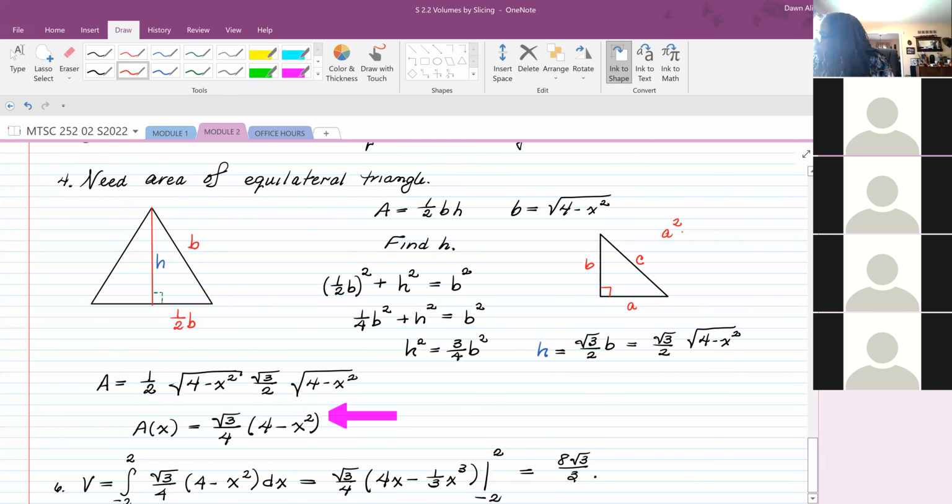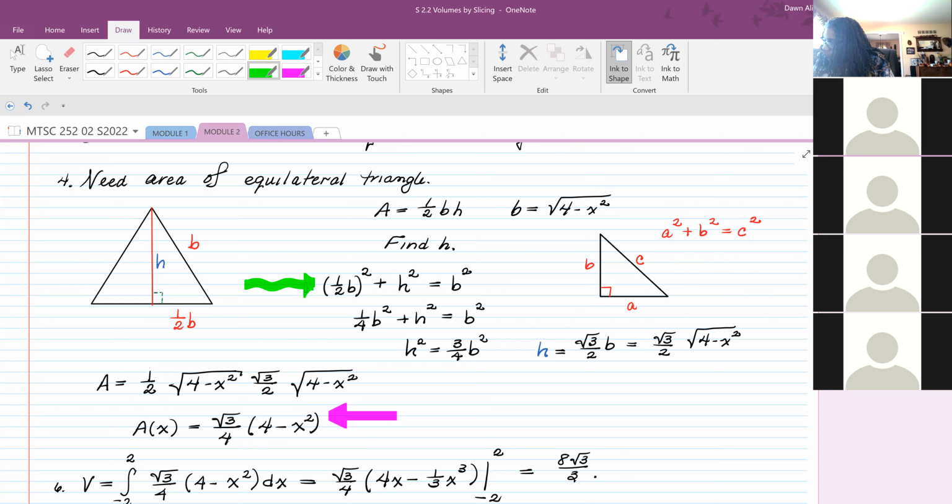We use the Pythagorean theorem. I know that. I was saying that we have b squared twice, like written. You mean here? Like when we put 1/4 b squared plus h squared equals b squared.